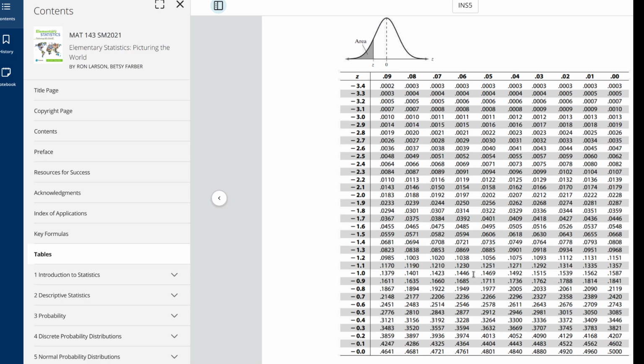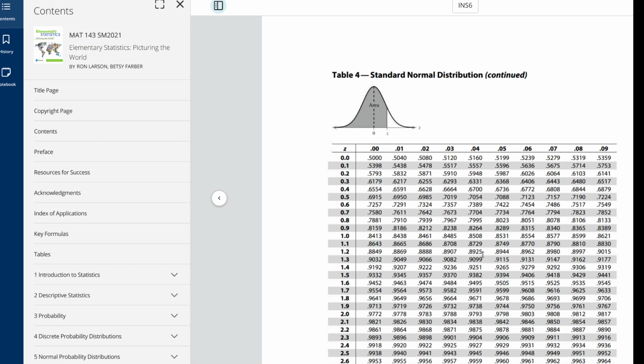So if I come over here and go to 0.8925, somewhere here I have to find an 8925. Let's see, where are we here? 0.8925, right here. So that's a 1.24.